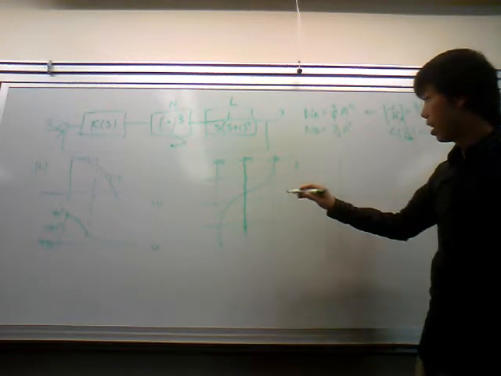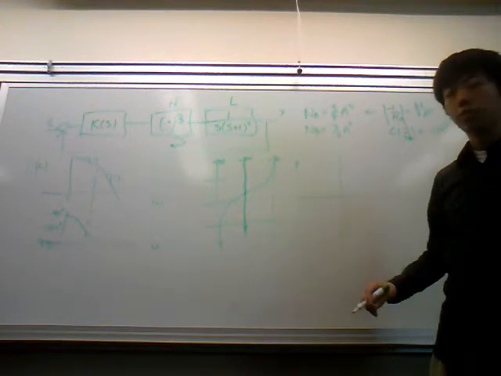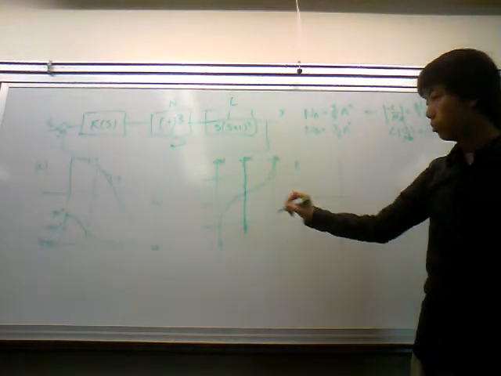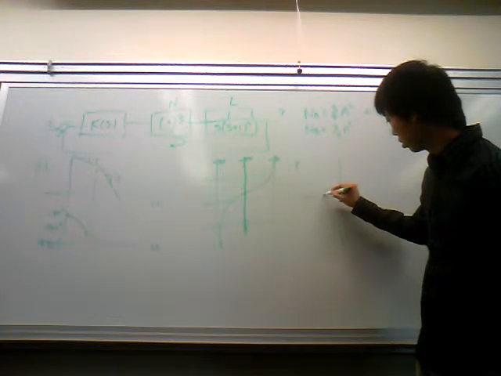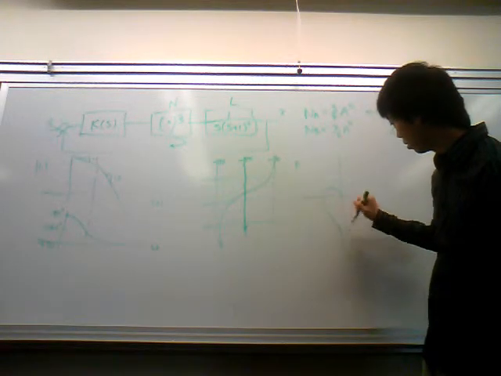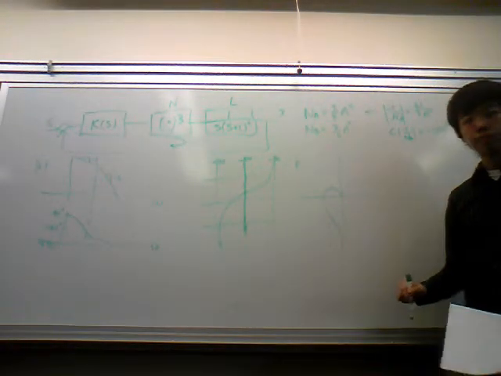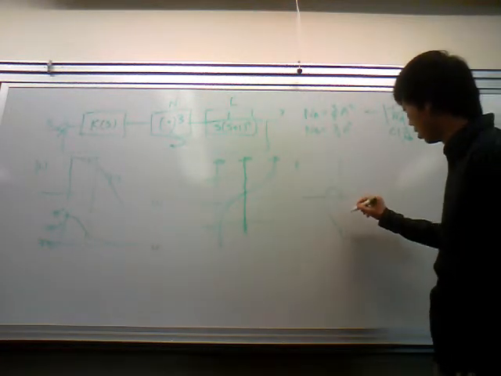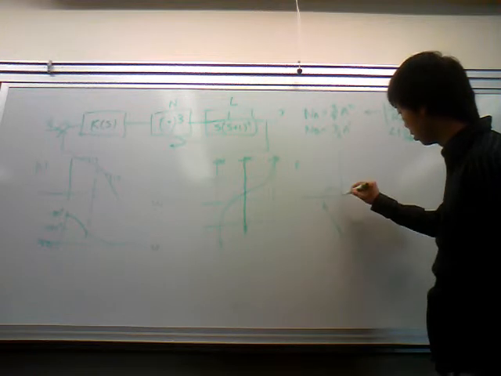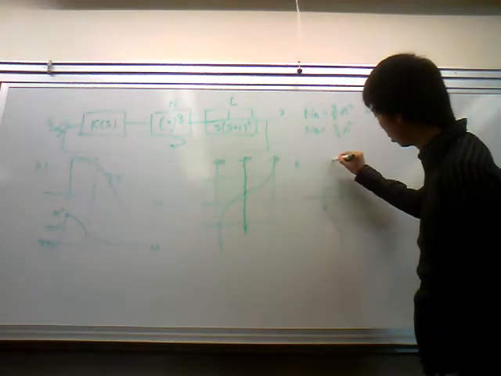And as omega approaches infinity, we end up at negative 270 degrees, up here, with a magnitude of 0. So it comes up like this, and we draw the other one like that.